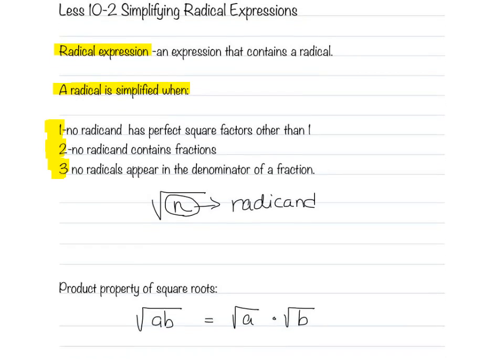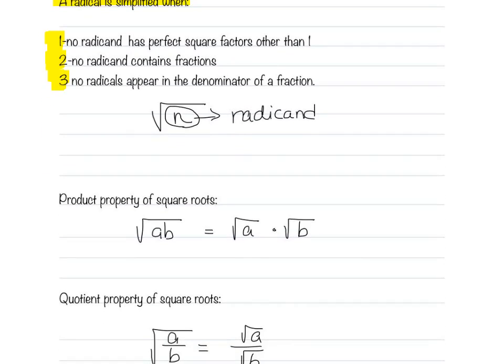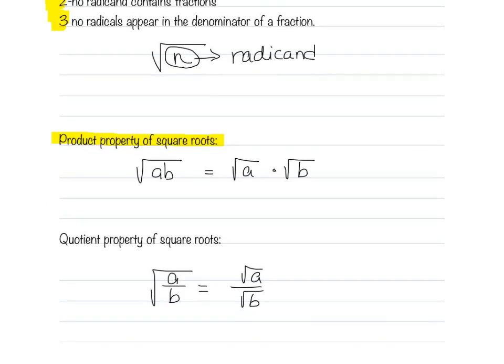A couple of properties that you need to learn today. There is a product property of square roots, and here's what it says. It says that the square root of a times b is equal to the square root of a times the square root of b.